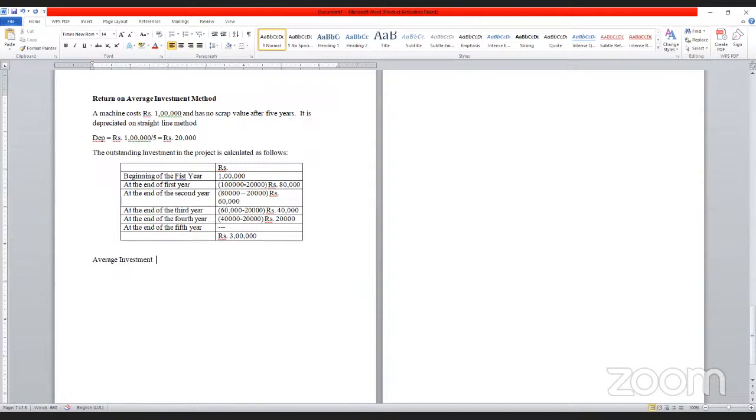So here you will calculate average investment is equal to rupees 3 lakhs divided by 6.